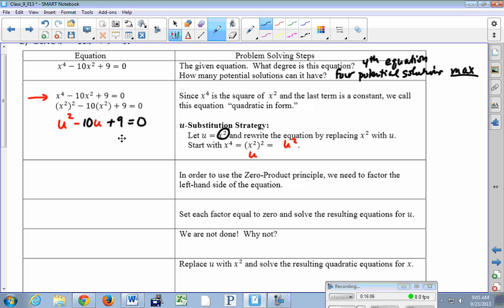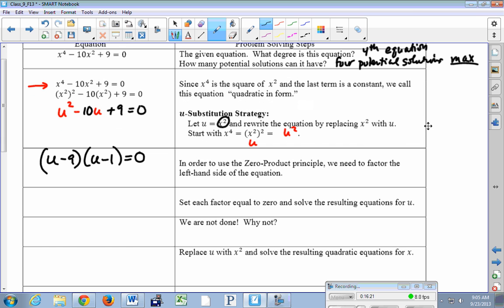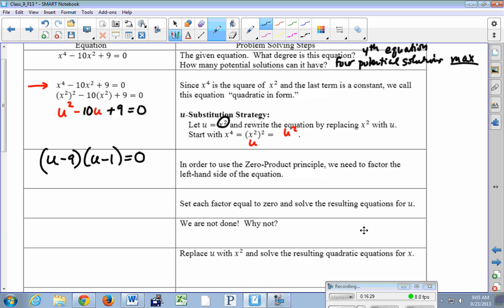What factors of 9 add up to 10? 9 and 1. So we're going to factor this left-hand side, u minus 9, u minus 1, and set it equal to 0. Okay? And now you know this. That is negative 10 when you add the middle and outer terms. Okay?